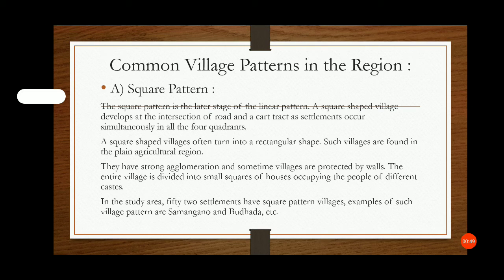First one, square settlement. The square pattern is the later stage of the linear pattern. A square-shaped village developed at an intersection of roads and cart tracks, as settlement occurs simultaneously in all four quarters.